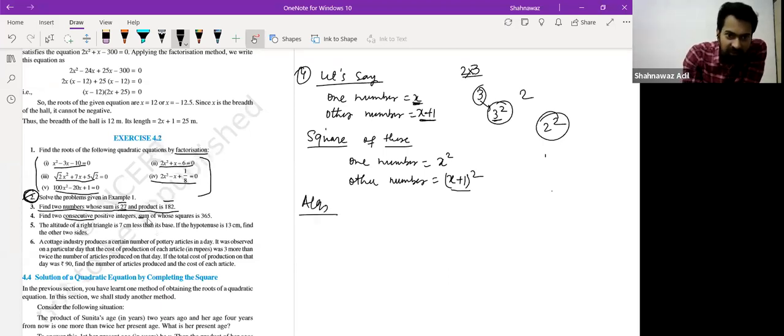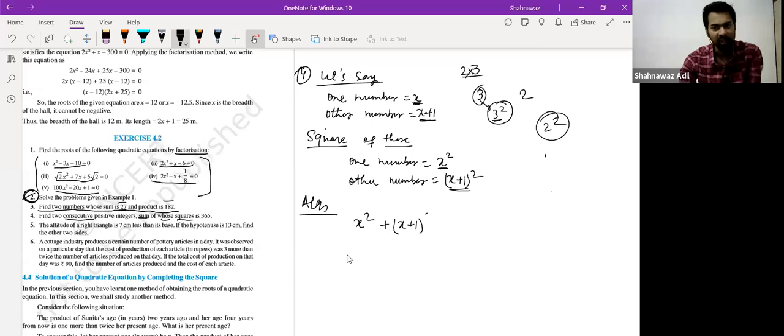The sum of two squares. So we calculated the squares and the sum of these squares. What would be the equation? So x square plus x plus 1 whole square, right?